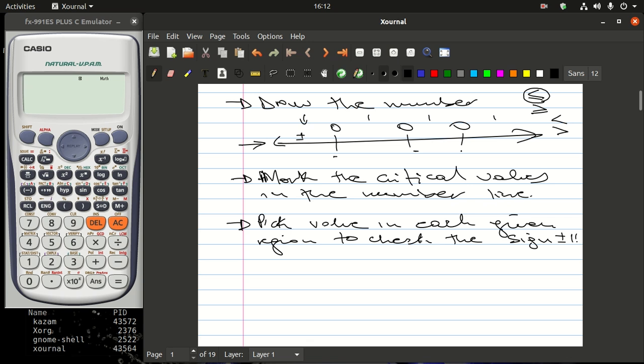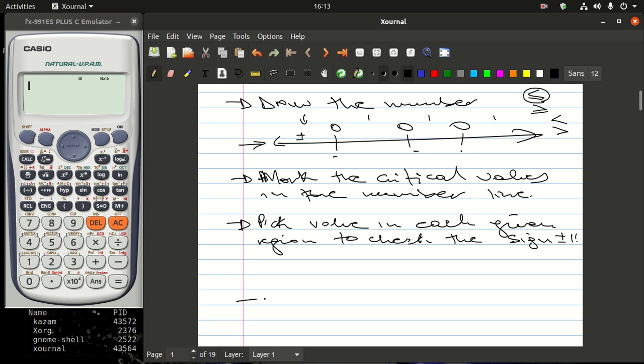Now, after you have done that, you can see if the desired region is here or there, and all you need to do is draw the arrows and the line segments joining the regions you are looking for. Then you can finalize your answer.